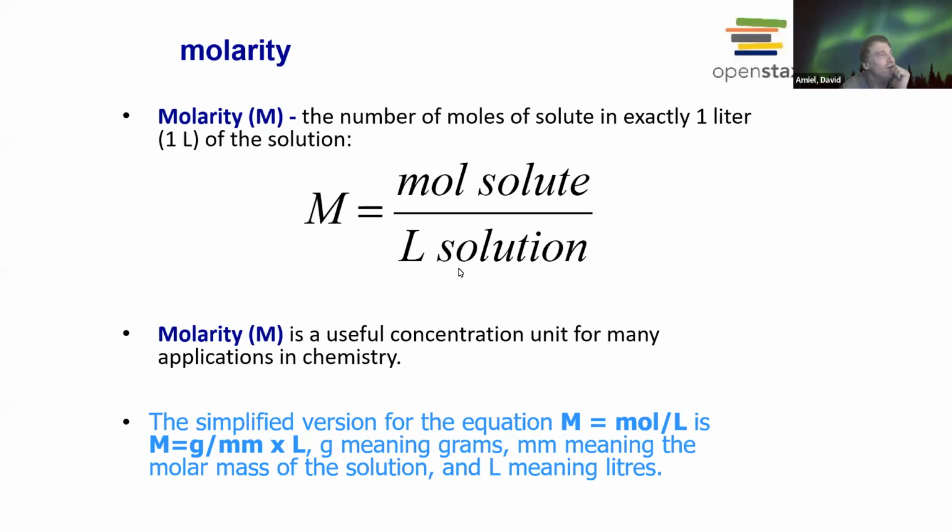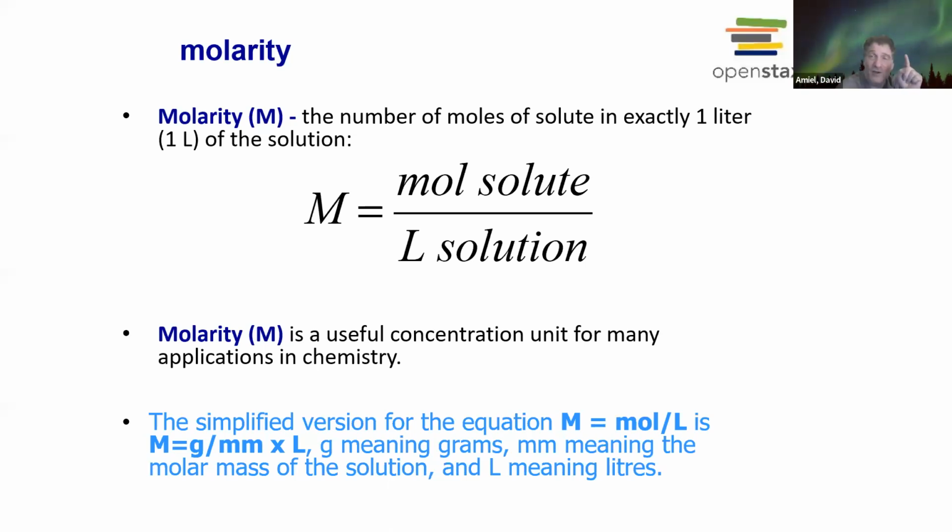Now, I've included in this last bullet here a way of rewriting this that is helpful for some problems. It's simple to do because we learned earlier in this chapter on the periodic table the formula mass, which is grams per mole. So you can solve molar mass equals grams per mole. Maybe you want to write this down.